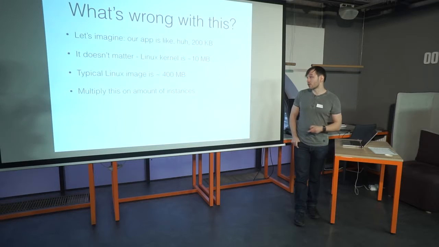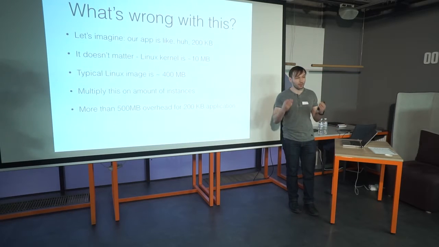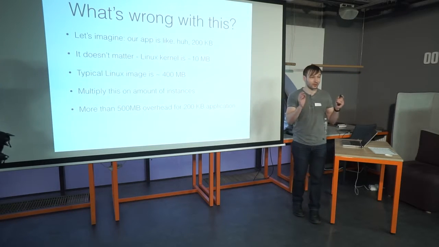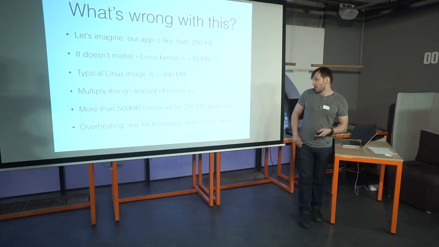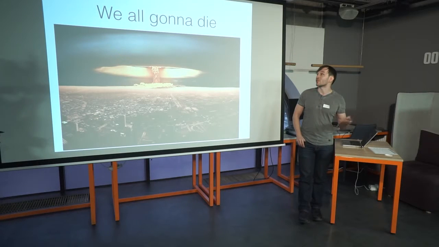Multiply this overhead by the number of instances, and you will receive more than half a gigabyte of overhead for a relatively small application. Overheating, war for resources, depression, death, and we are all going to die.